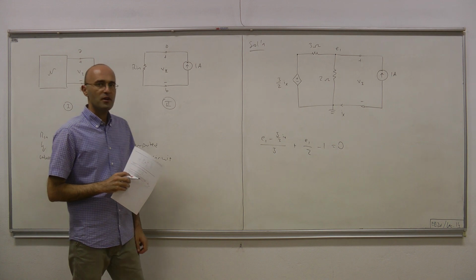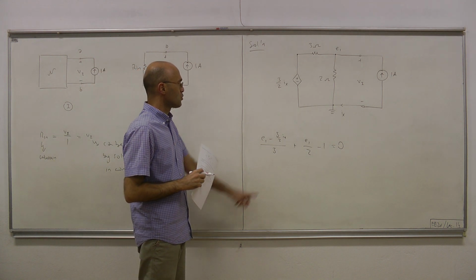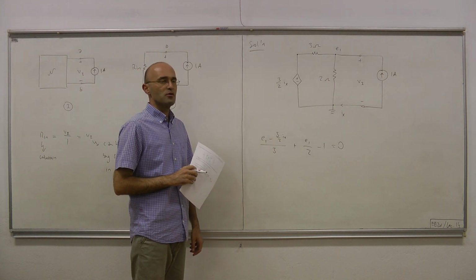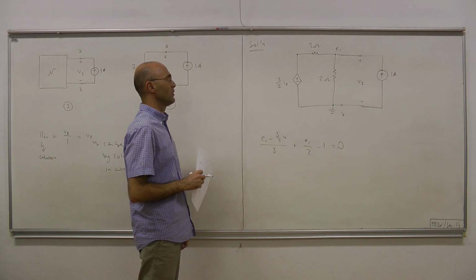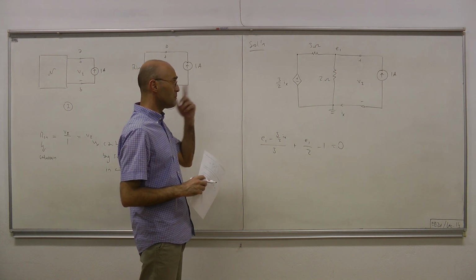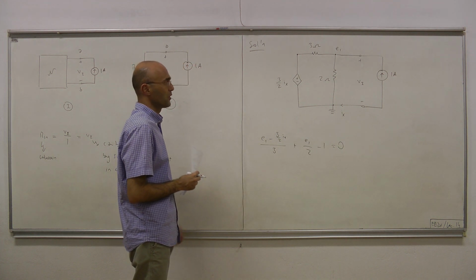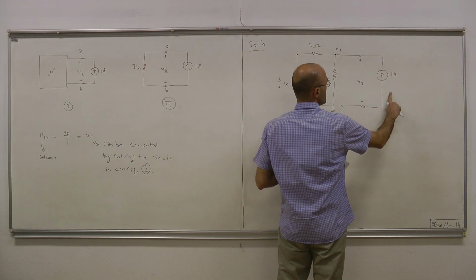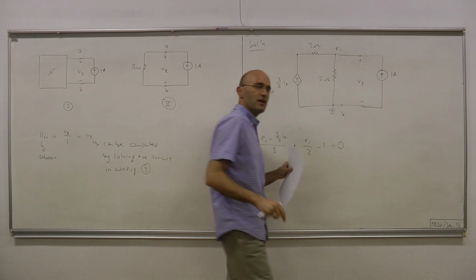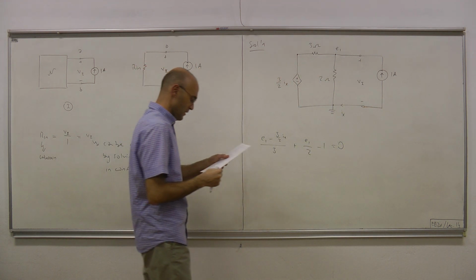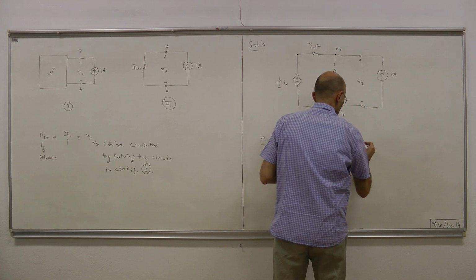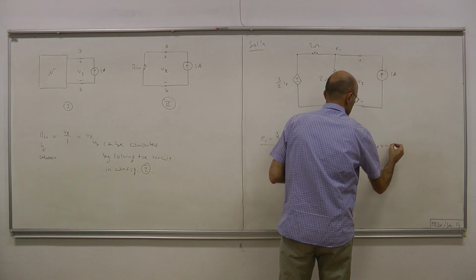Now that equation contains two unknowns. So we have to figure out Ix in terms of known voltage, the formulation variable. But we don't even have to do that. We can directly see what Ix is in this simple circuit. By KCL, if this is 1 amp, this Ix must be minus 1 amp. Okay. So Ix equals -1.